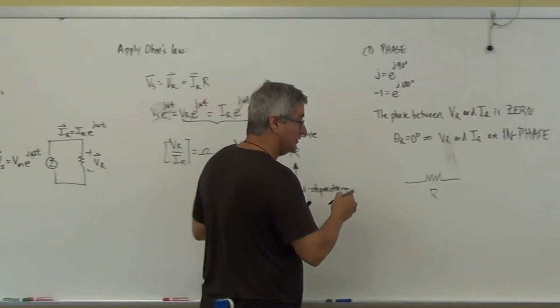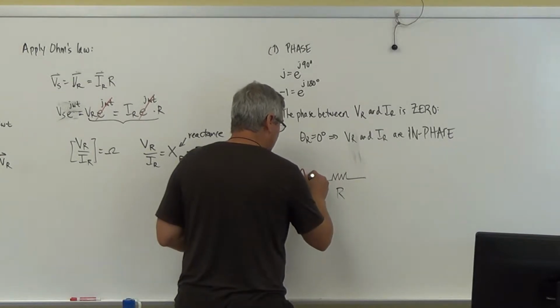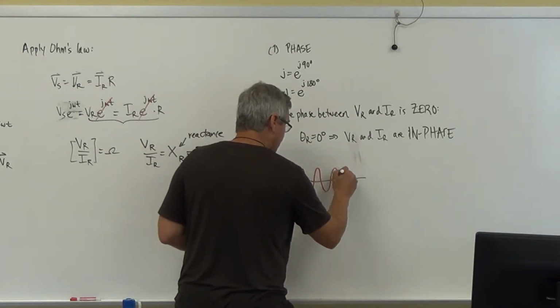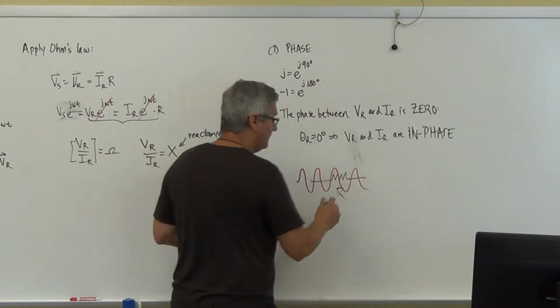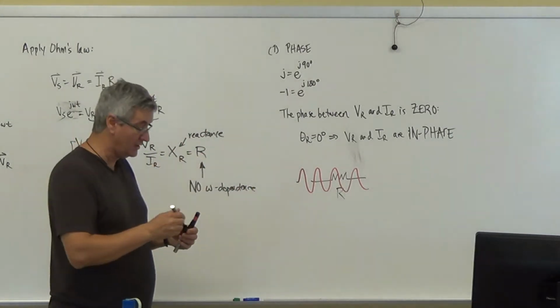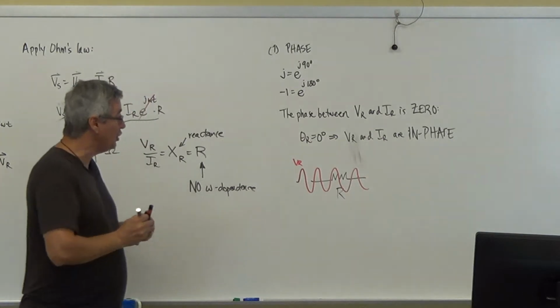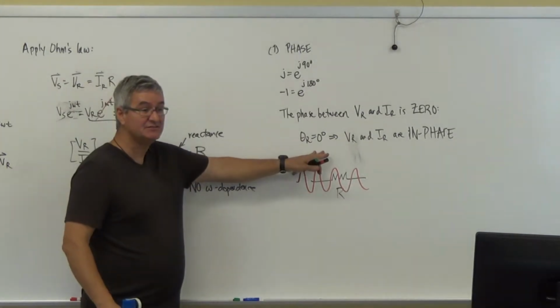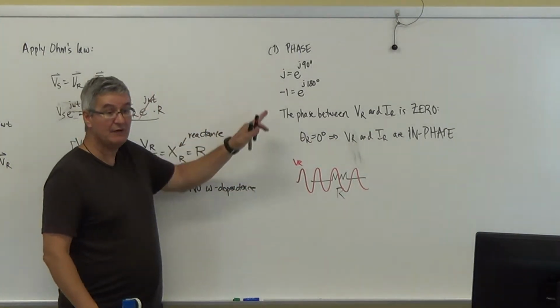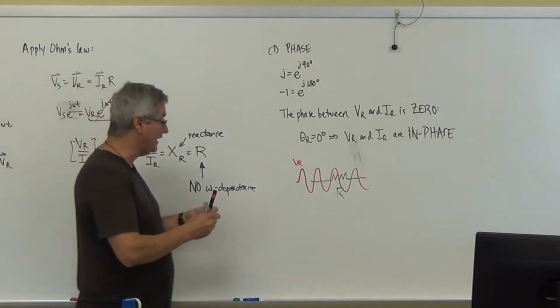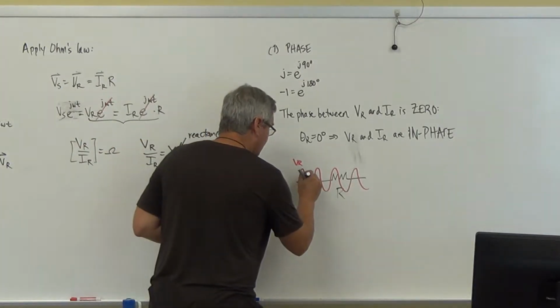So then I come in here, and you can imagine it's oscillating like this. And as it's oscillating, that voltage across that element, let's call that VR, the current, because it has a phase of 0, right? There's no J value, there's no minus sign, implies that it's going to oscillate at the exact same frequency.